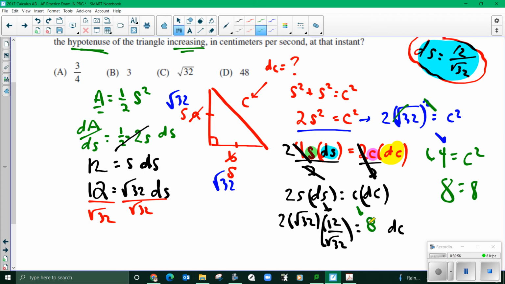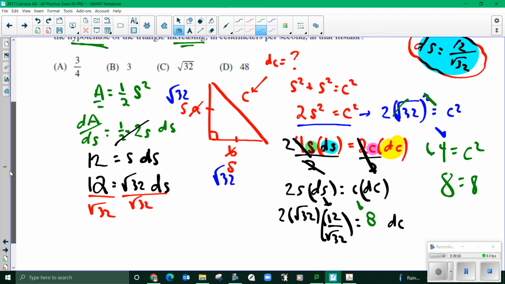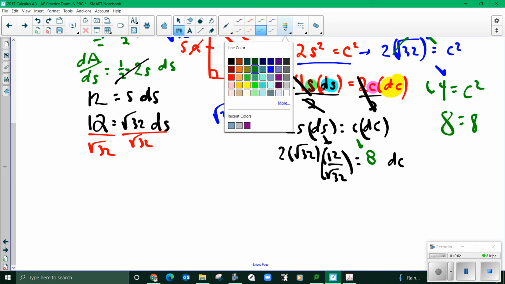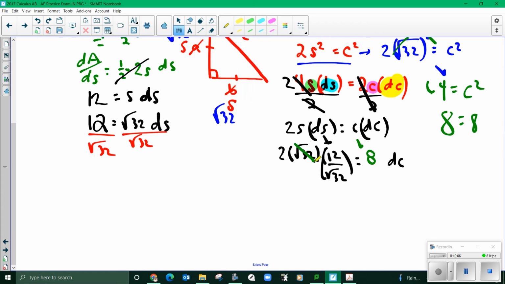All right, well, let's clean up. This is very algebra heavy, but you know what? The math is not that difficult. Radical 32 on top and radical 32 on the bottom cancel. 2 times 12 is 24 equals 8 DC. And now I just divide by 8.